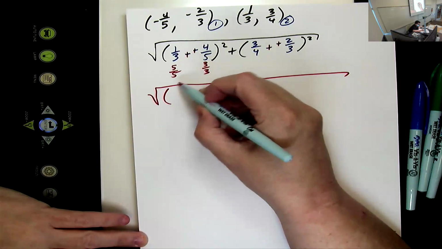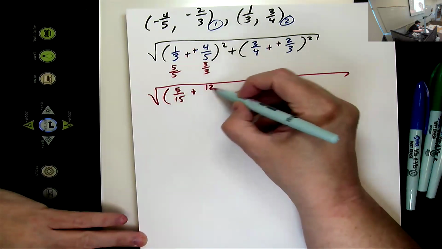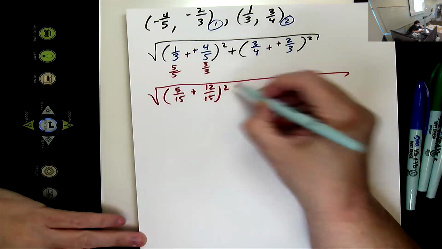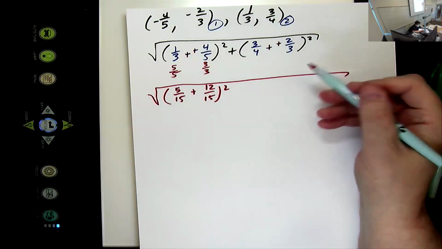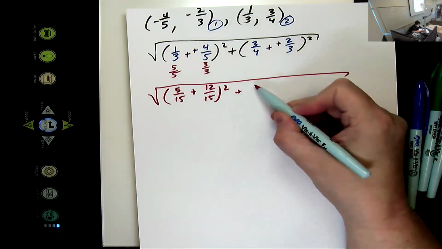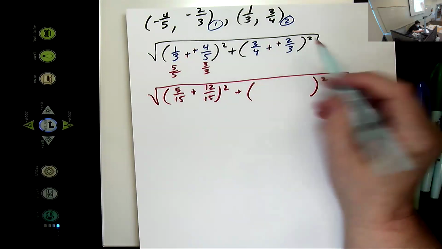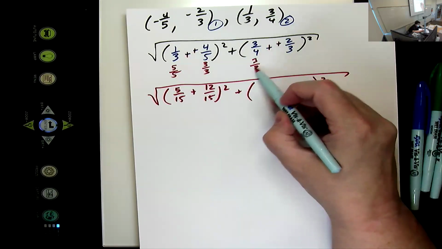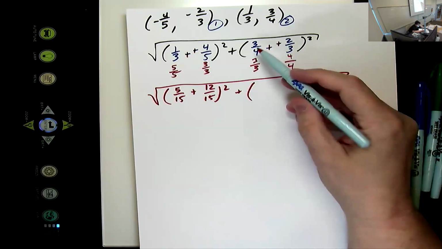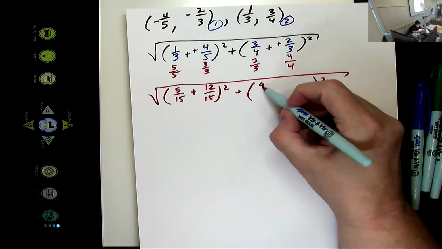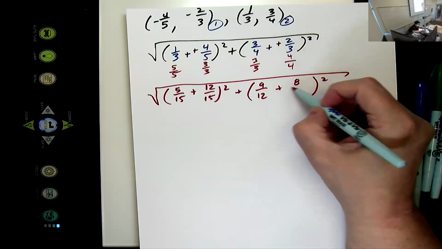So this parentheses turns into 5/15 plus 12/15 squared. And here I'll multiply by the other denominators on this one too. So here I got 3 times 3 is 9/12. And 8/12.